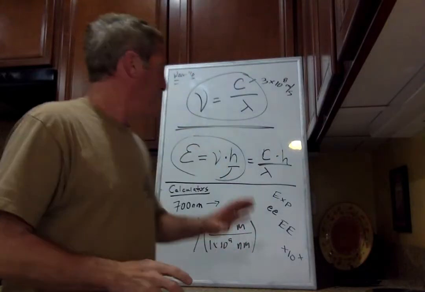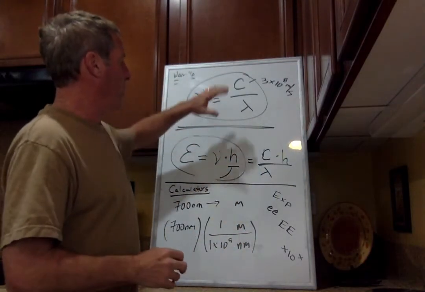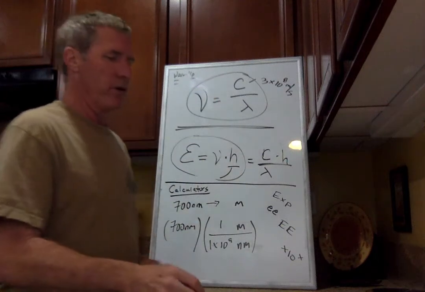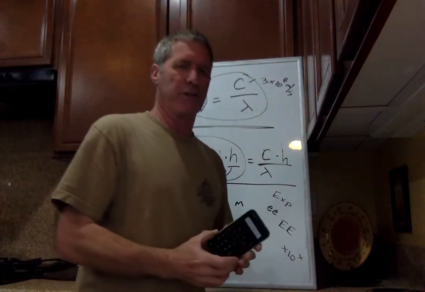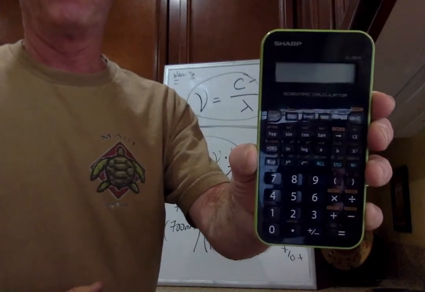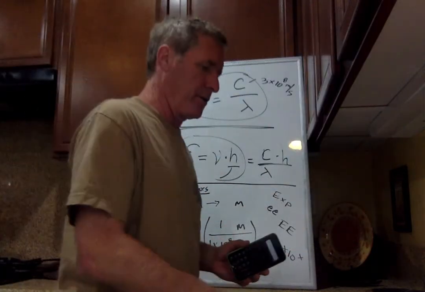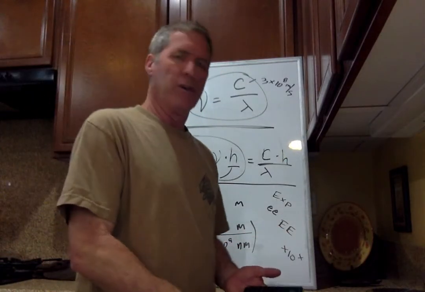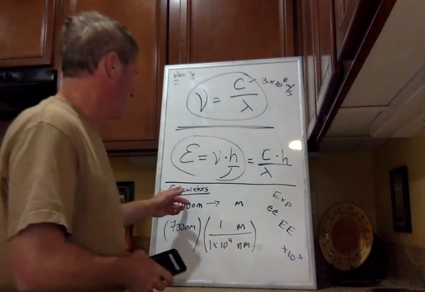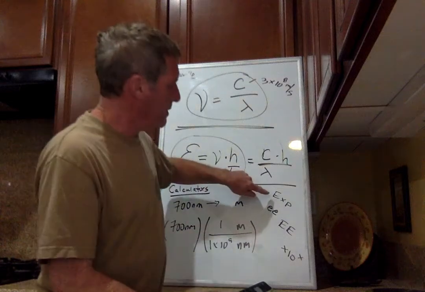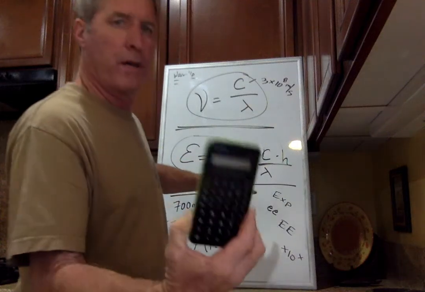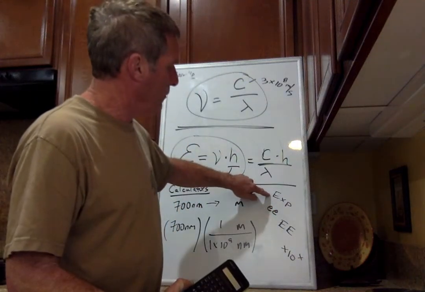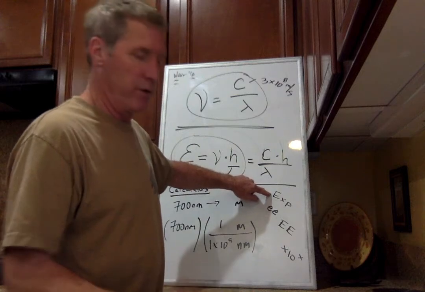All right, now that you have been introduced to these two awesome equations, it's important that we get back to calculators for just a second. Whether you have a beautiful Sharp calculator or a Casio or a TI, you need to be able to work with exponents. So what you're looking for is, for example, on my Sharp calculator, the button I'm looking for is called EXP for exponent.